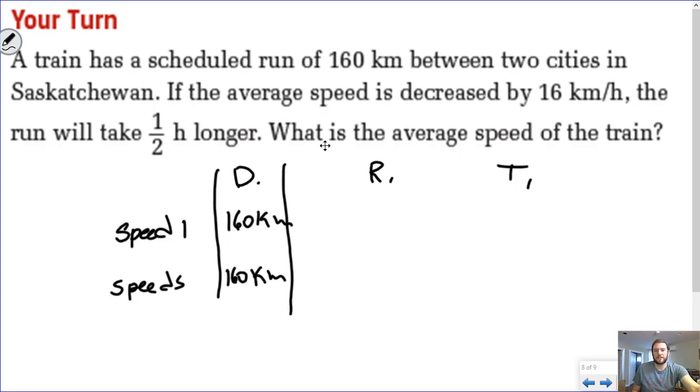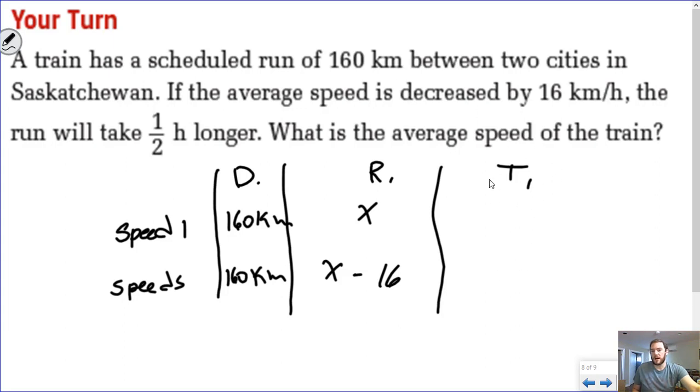Now, we're trying to find the rate of the train. So that is the thing that we're going to say is, okay, this is X. Now, we don't know what the speed is yet, but we can solve for it. Now, what we do know is that the second rate is X minus 16.